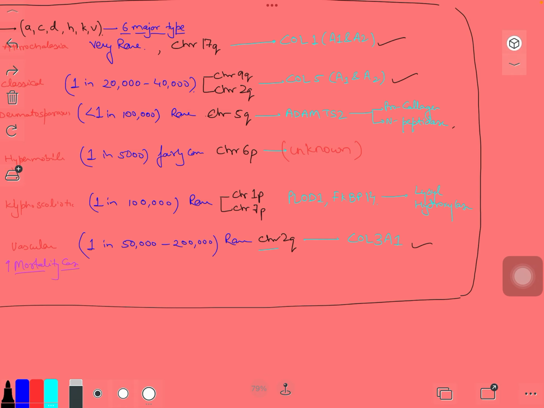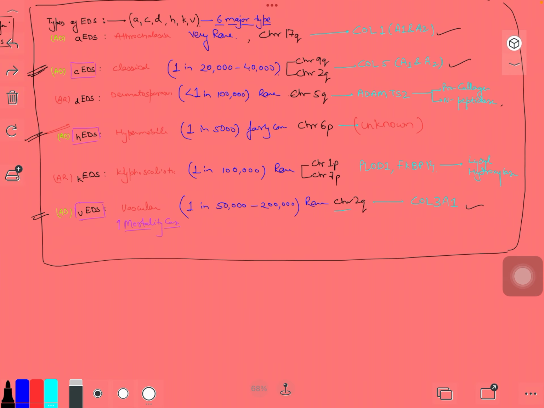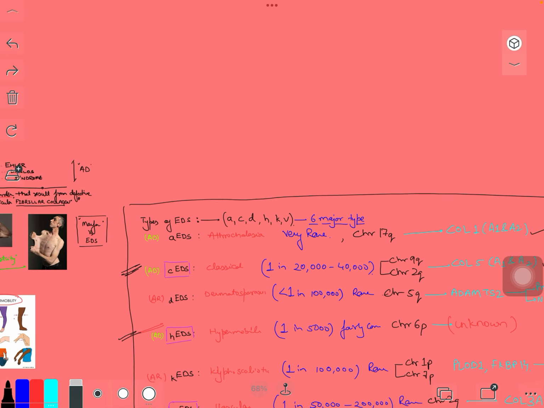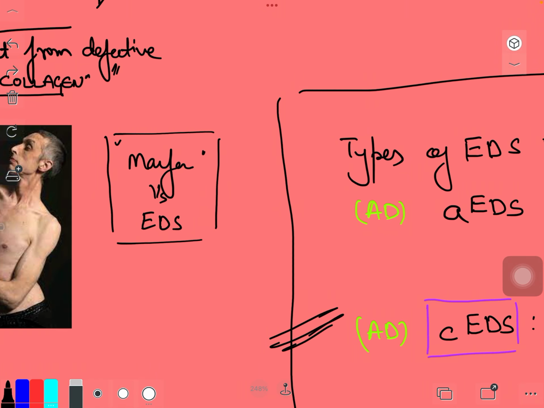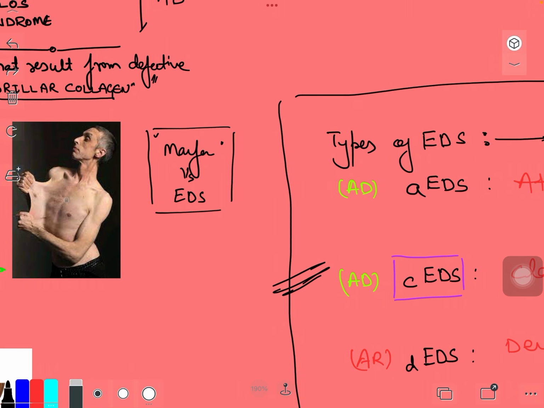The genetics, and all these kinds of things play an important role, directly or indirectly, in the formation of collagen. Earlier we talked about how we need to focus more on Marfan and the EDS, right?